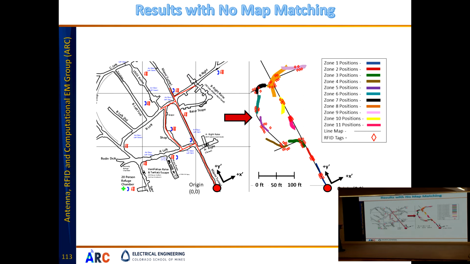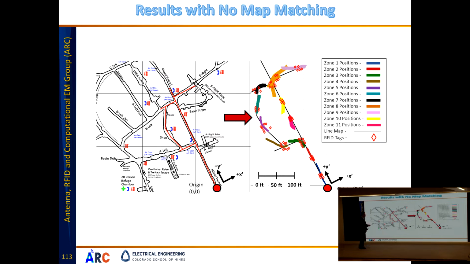This is an illustration of the mine, and basically the student started to walk here, coming here, going through this way, going up, going this way, coming back, and going back to the same position.